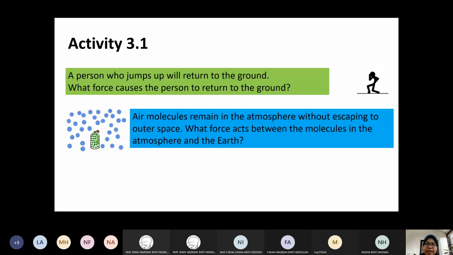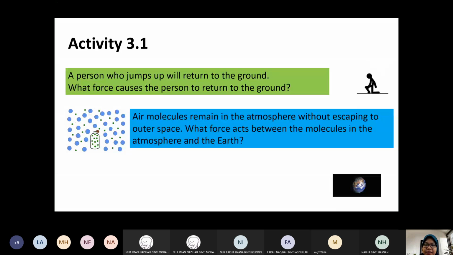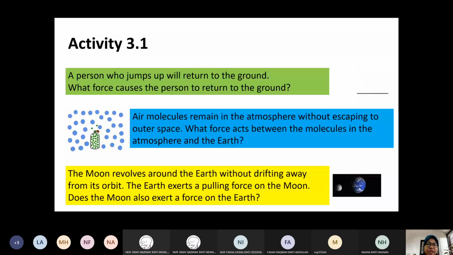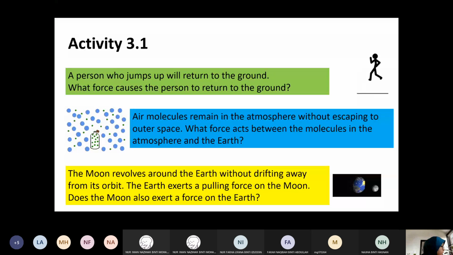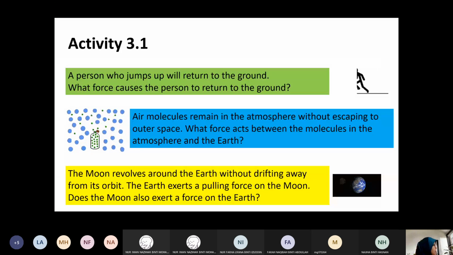Okay, and this one, you see a moon revolving around the earth. The moon revolves around the earth without drifting away from its orbit. Dia tak pergi tempat lain lah. Dia keep on revolving. The earth exerts a pulling force on the moon. Does the moon also exert a force on the earth? What do you think?